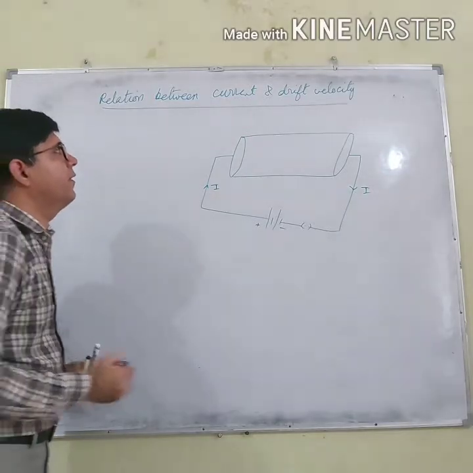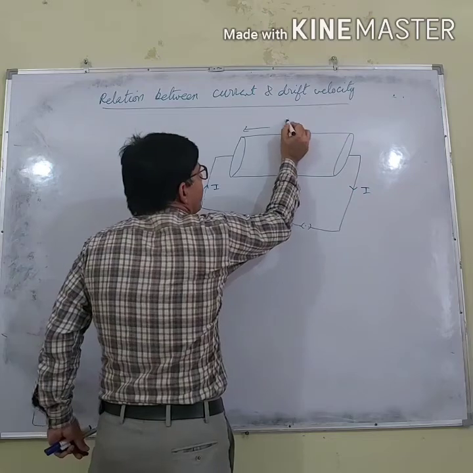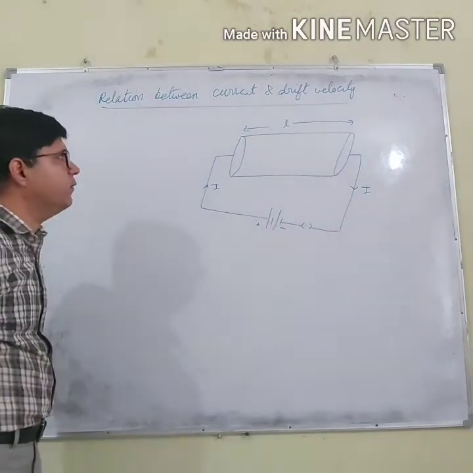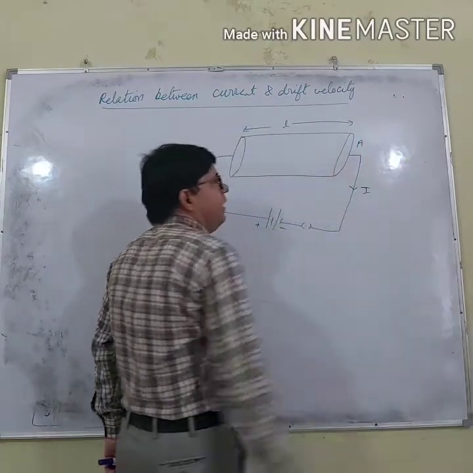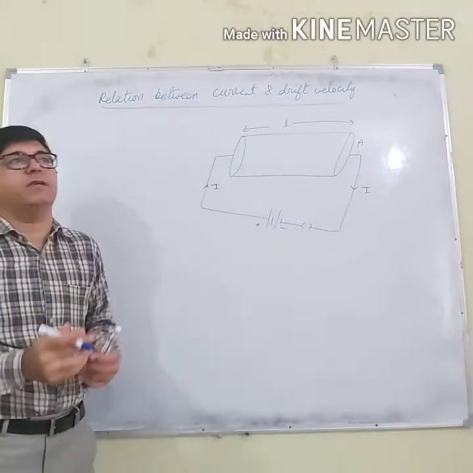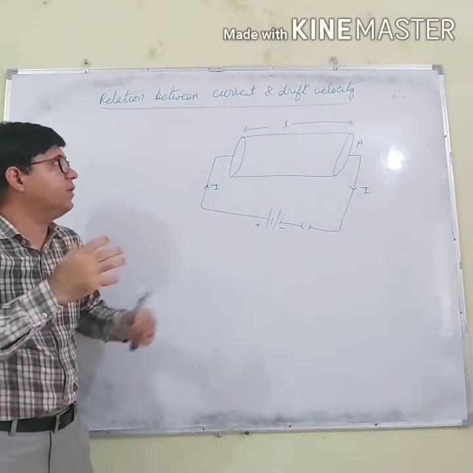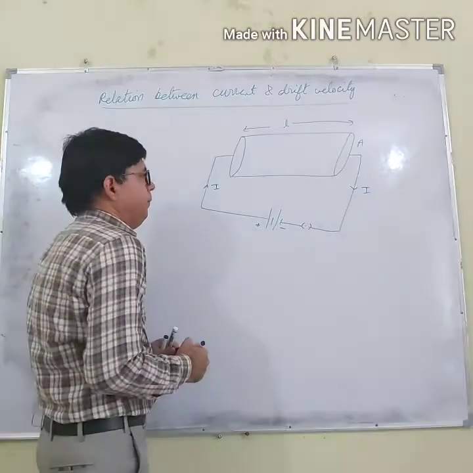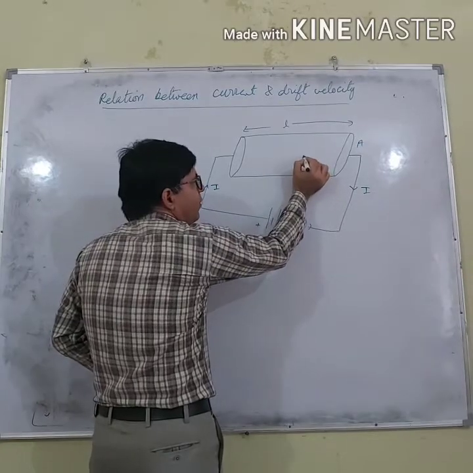If L is the length of the conductor and A is the area of cross section, then let us say we consider an electron here.